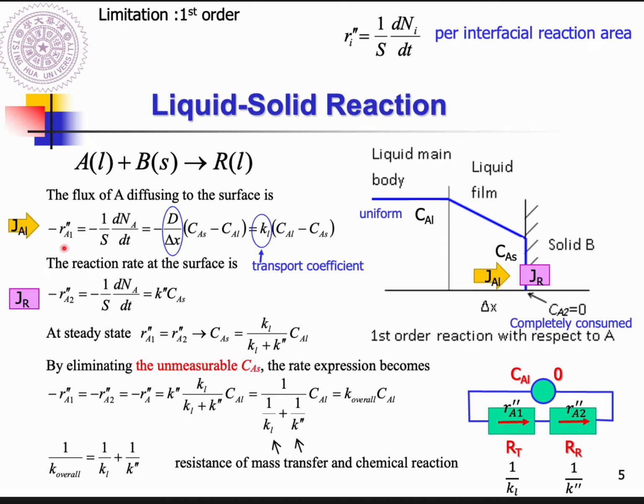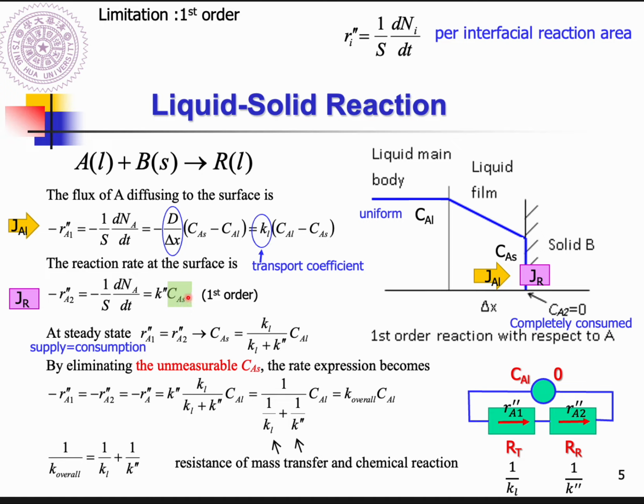Now you have formulated the J_L here, and this is the one I just mentioned. You formulated the J_R reaction rate equation for this chemical reaction, and when it reaches steady state, the supply of reactant A will equal the consumption of reactant A at the surface of solid B. So this one equals this one.